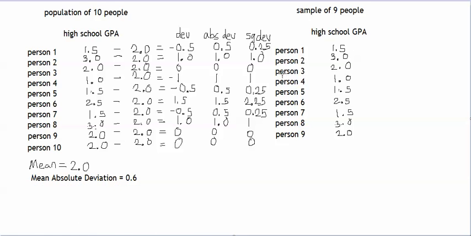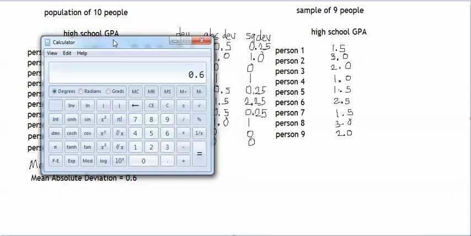What if we found the mean of the squared deviations? If we found the mean of the squared deviation column, it would be called the variance.